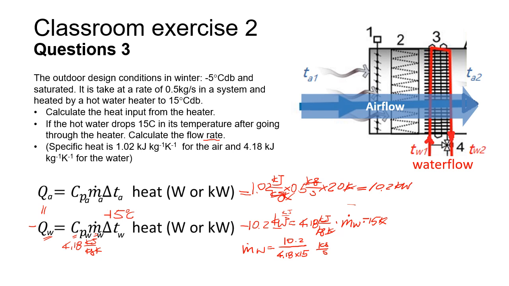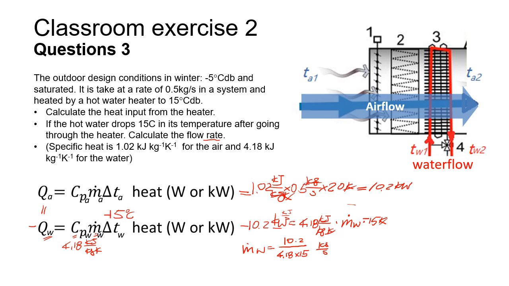Okay, so what we see here is that the sensible heat gained by one medium in contact with another in the heat exchange will be the heat loss of the other flow. Here, the air gain will be the water loss, because these two flows actually meet each other at the heating coil.